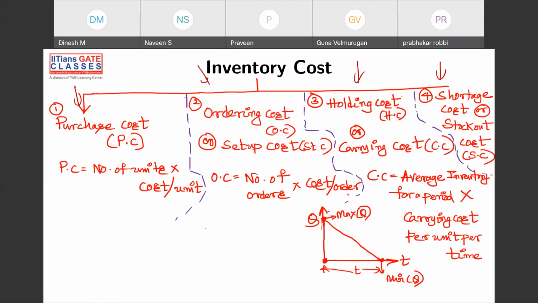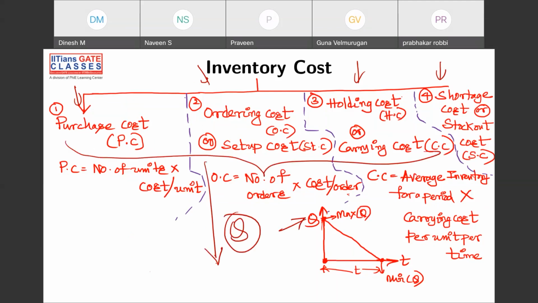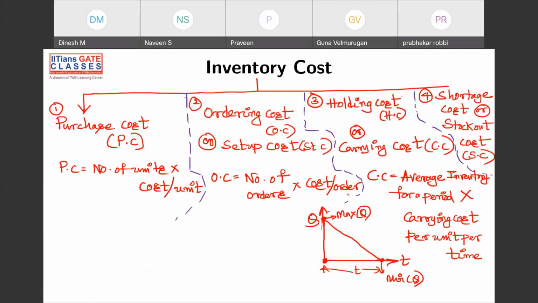All the things have to be taken, and then that fellow has to optimize it and say, okay, I will buy so and so quantity of Q, so that the adding of all the costs is as minimal as possible. That is the important thing that the industrial engineer has to do.